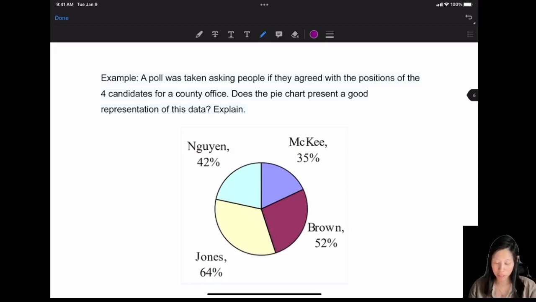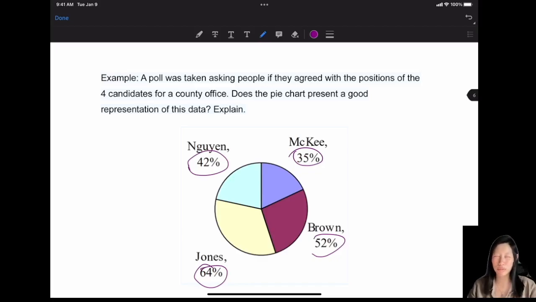I would say this looks like a really good representation of the data because it looks good, right? Because they tell you how many percentage were there. Like Nian got 14.2% and McKee got 13.5%, Brown got 52%, and Jones got 64% of support.